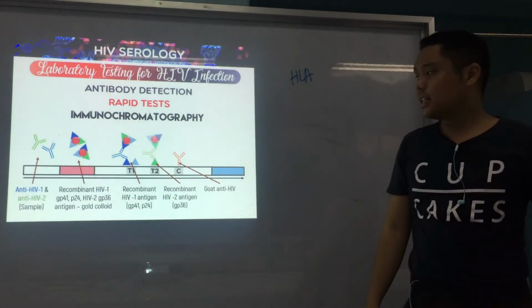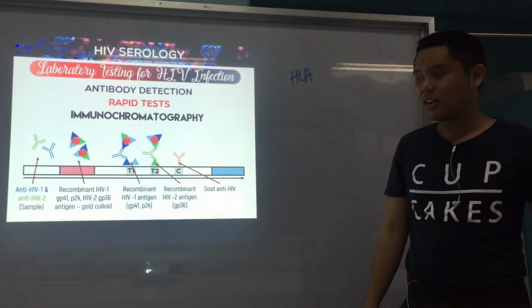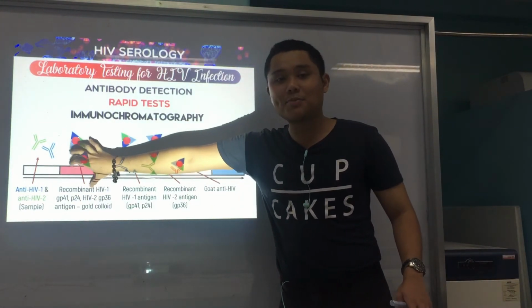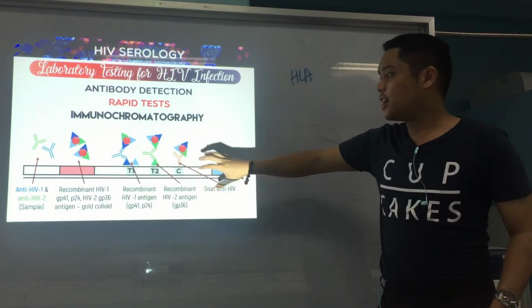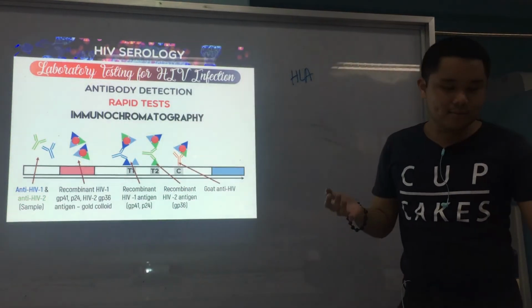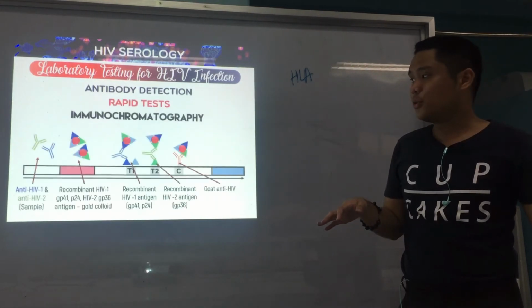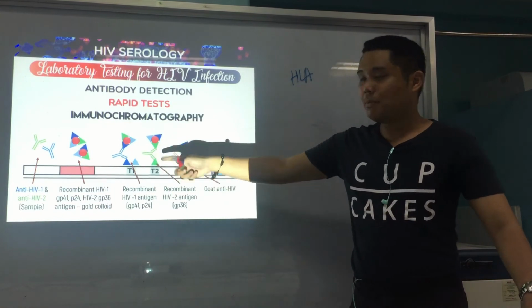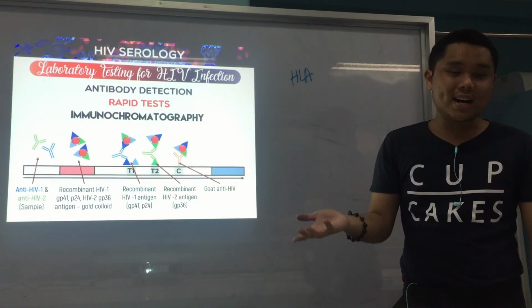And of course, the same goes for test line 2. And the remaining antigens in the reagent will be captured by the goat anti-HIV in the control. So, upon adding the substrate in the test kit, they will now produce a color, which will then be seen as colored lines or dots.